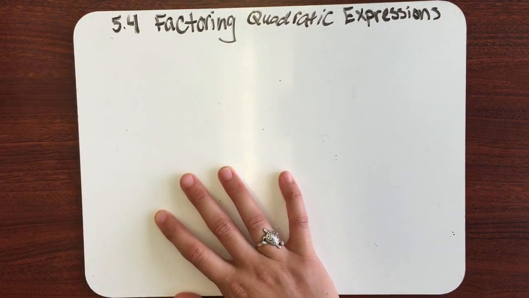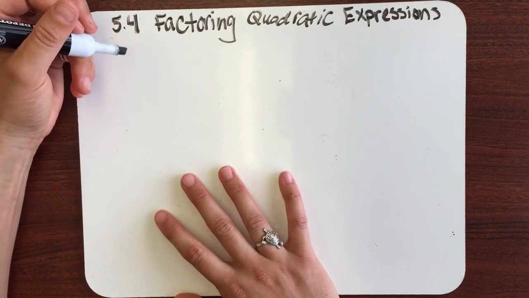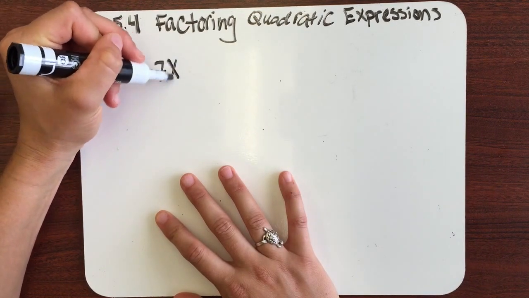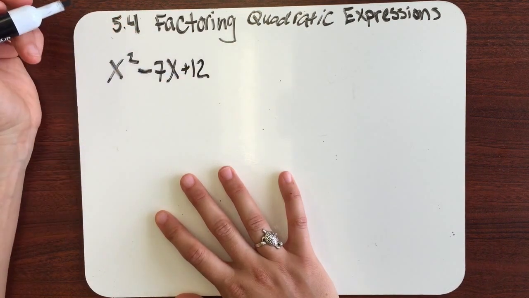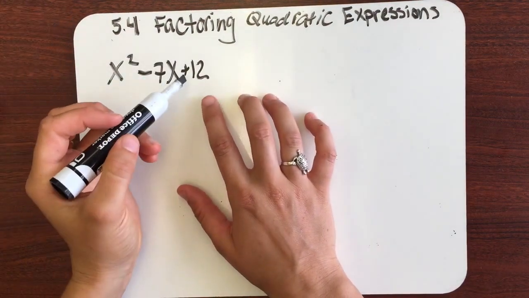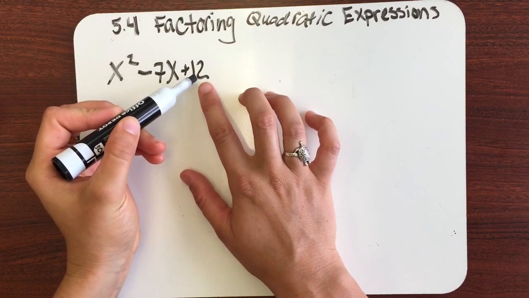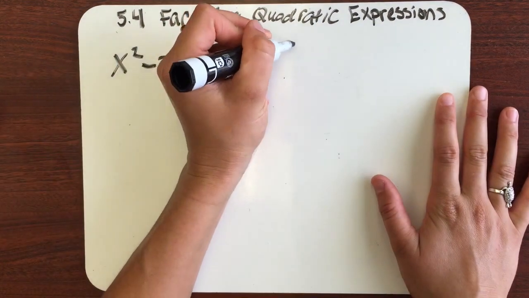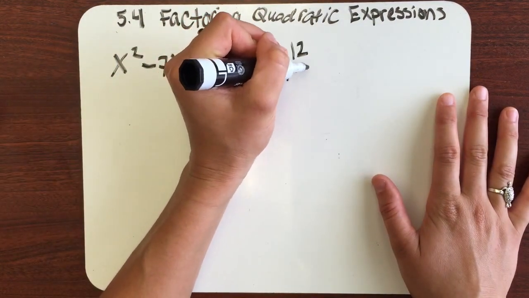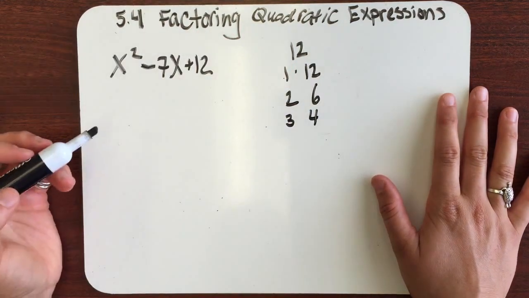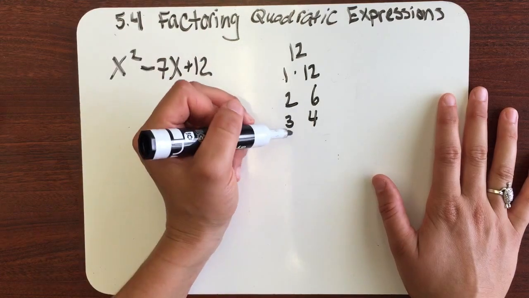The next thing we're going to go over is if we have something where we have x squared minus 7x plus 12. This is when we're looking at two factors that multiply to 12 and add up to negative 7. So you can write the factors of 12, 1 and 12, 2 and 6, 3 and 4, and then all of the negative ones as well.